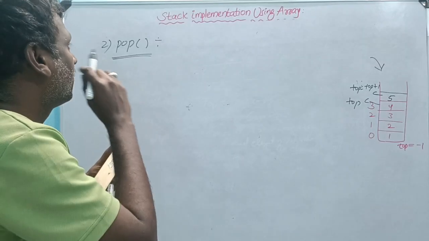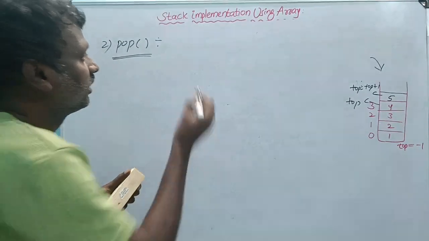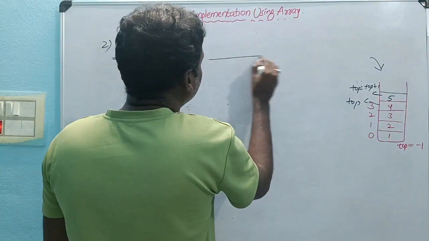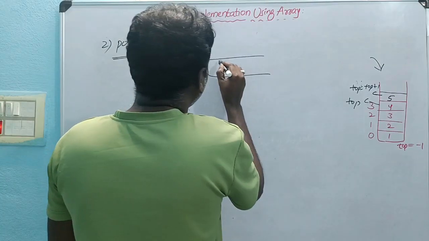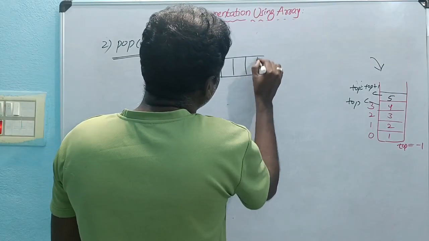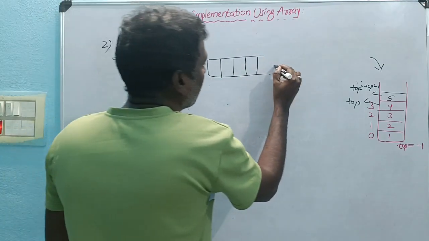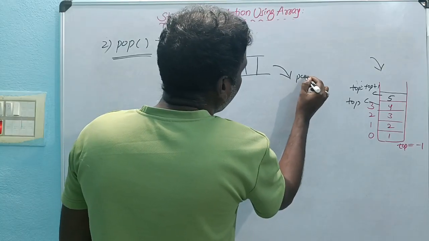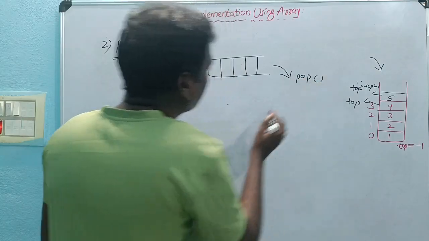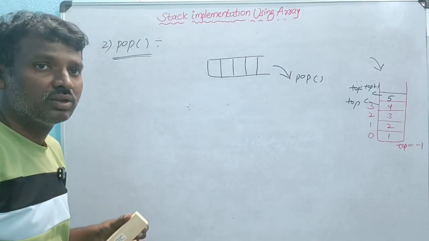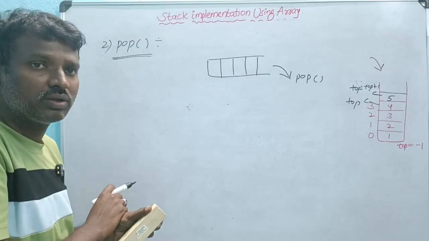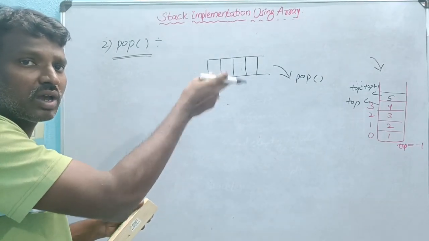So next I write the query here. This is our stack. Now I am performing the pop operation. At that time this is an empty stack. Is it possible to pop, to remove from that stack?